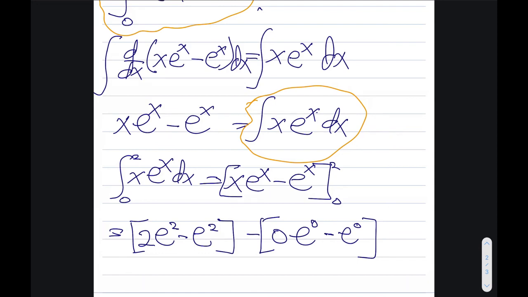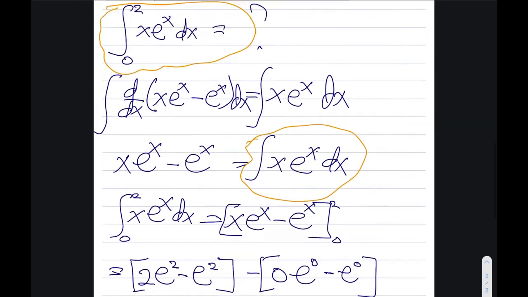So not everything within this bracket will be 0. All right. So this will give us e to the power 2 minus. Now, this should give us 0 because 0 times anything is 0, but e to the power 0 is 1, and that will be negative 1. Okay, but negative 1 times this negative will be positive 1. All right, so plus 1.